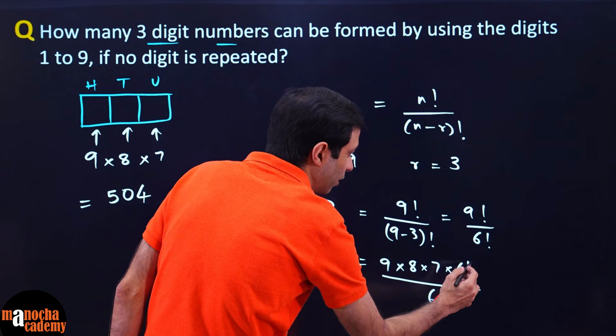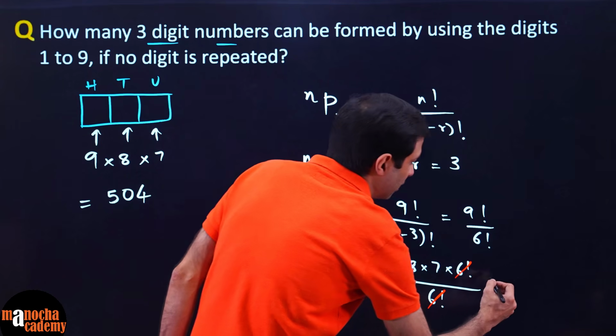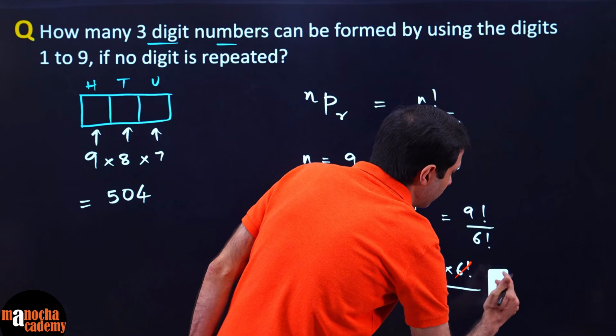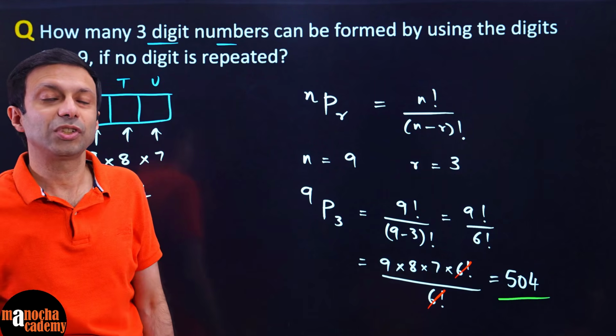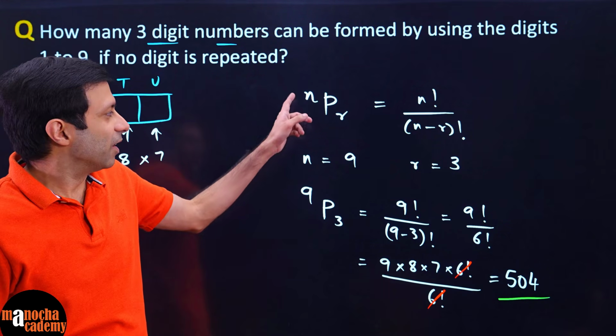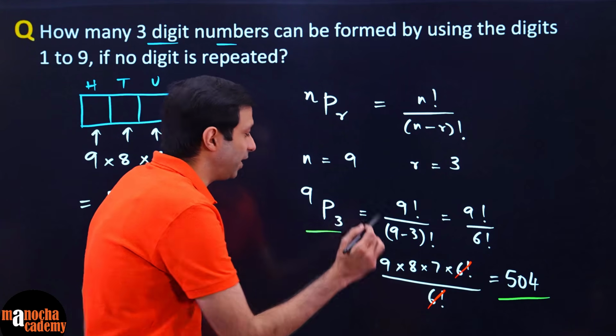See, the 6 factorial will cancel out. So our final answer is 9 times 8 times 7, which is 504. So 504 such numbers are possible with the formula method, because it is equal to 9P3.